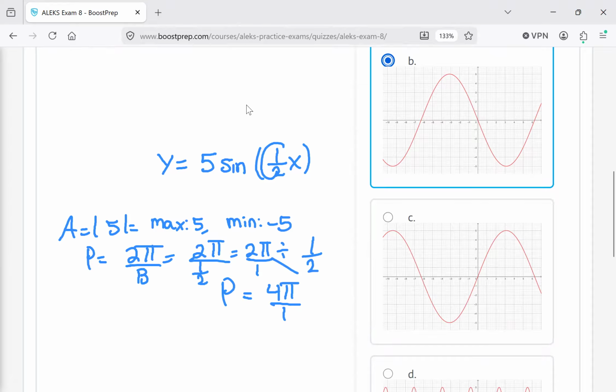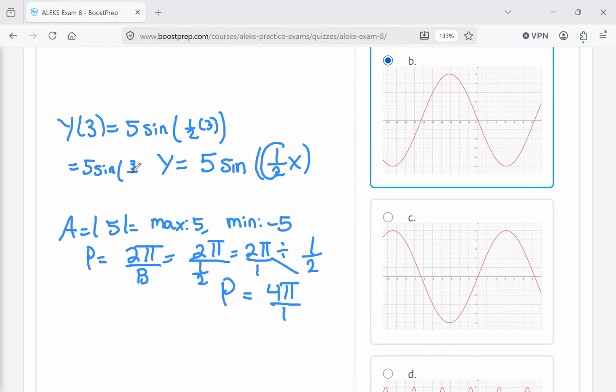When I test the x value 3, sine of 3 halves times 5, what is the sine of 3 halves?